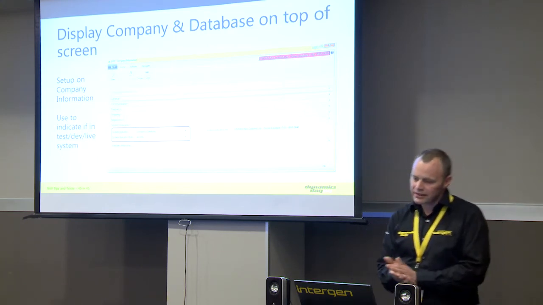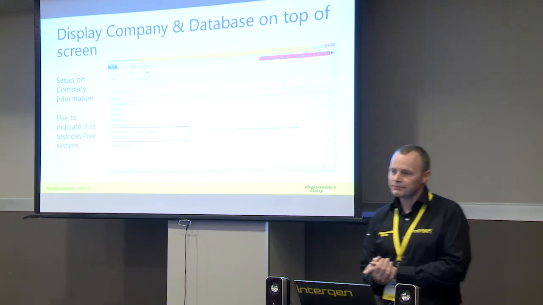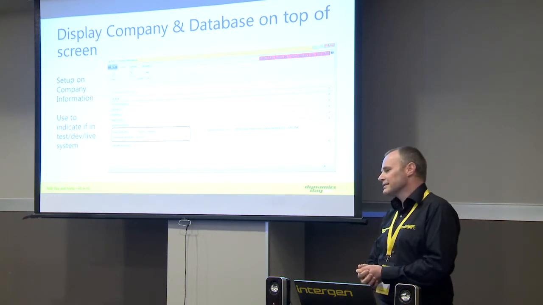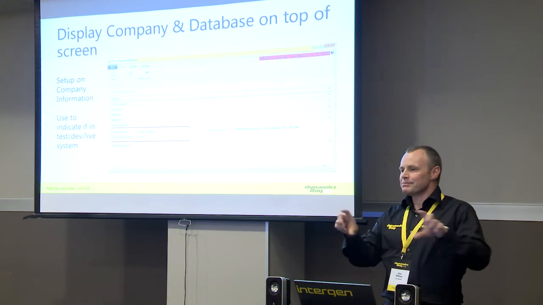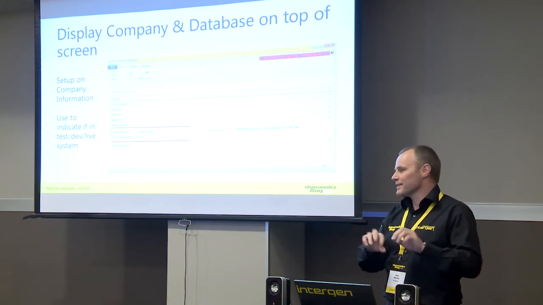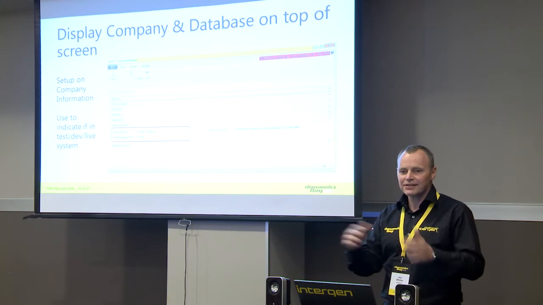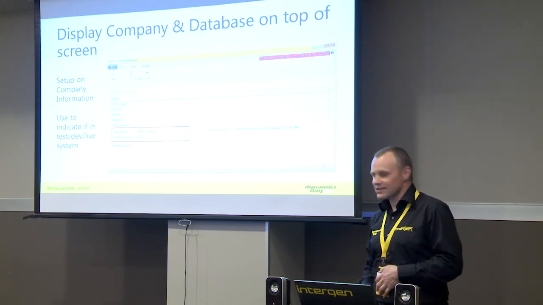This is another quite good one. In the olden days, if you had a test system and a live system, you made a big menu item on your test system and made it a different colour so that a user knew if they were in the test or the live system.